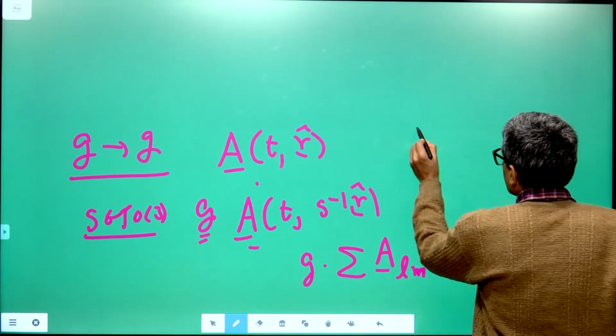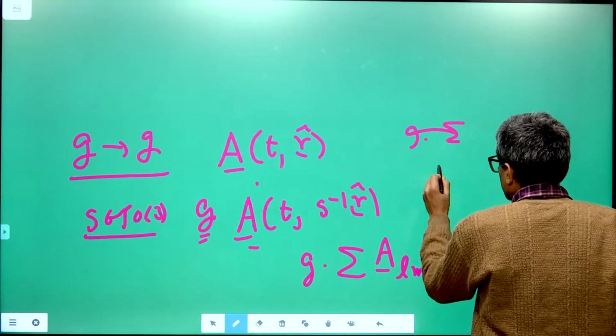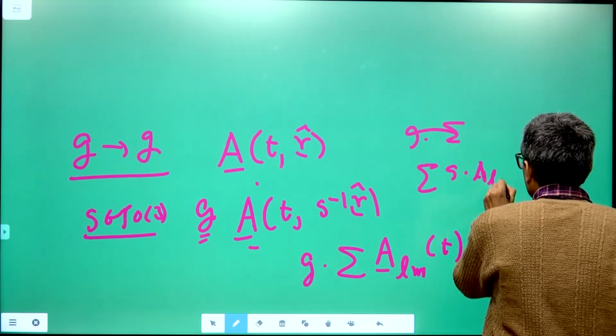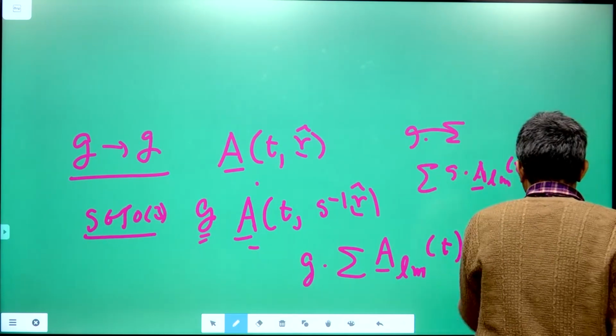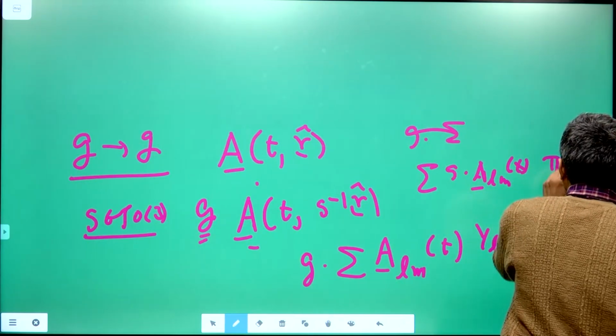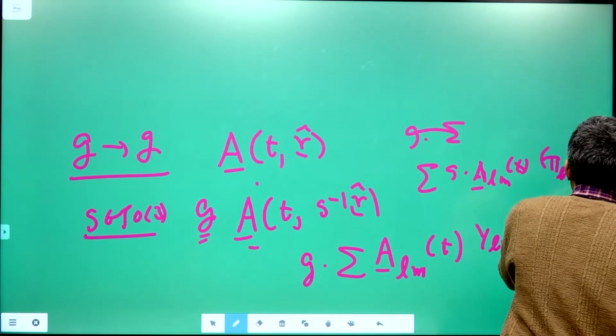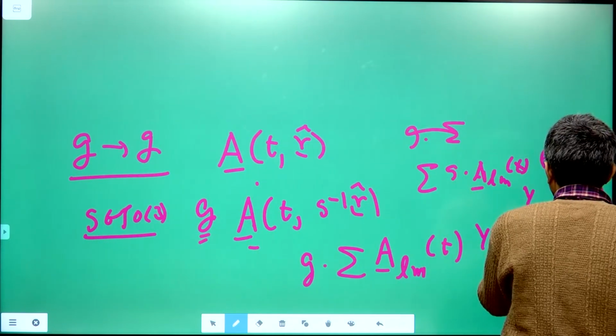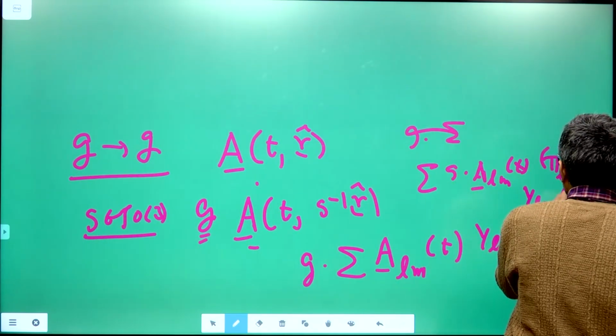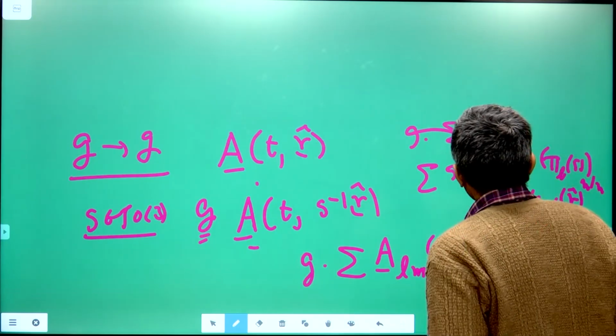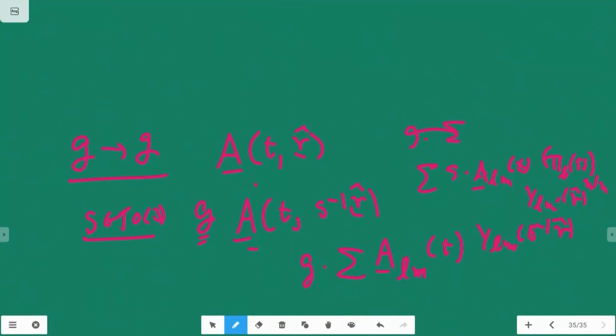Then this will be nothing but G acting on summation of ALM, this vector at time t, multiplied by pi L(G) m prime m into YL m prime of R, and G acting on ALM I can again write in terms of the spherical harmonics. So the idea is that in the end you get the whole equation in terms of spherical harmonics alone.